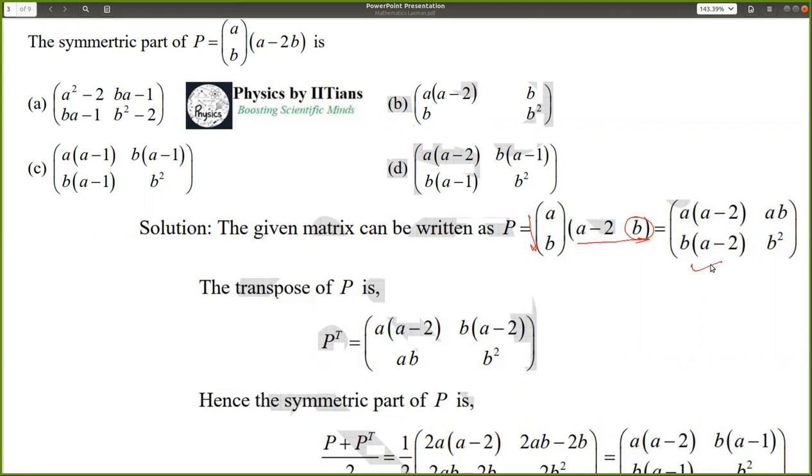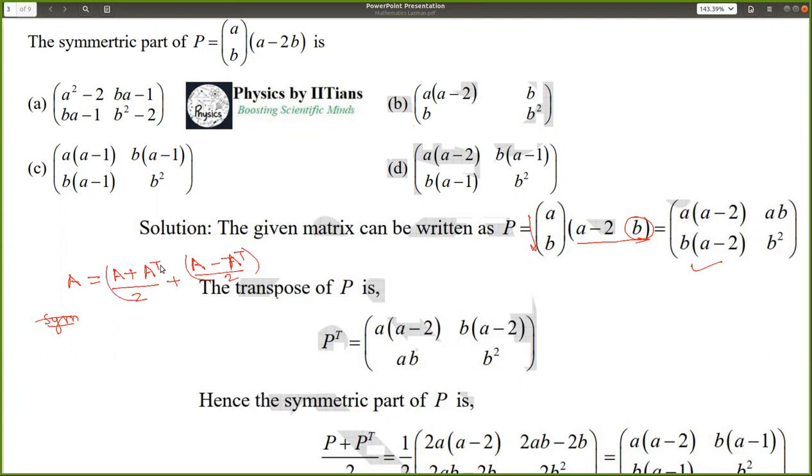But you have been asked to find the symmetric part of the matrix. So let's see what is the meaning of a symmetric part. Suppose you have been given a matrix A. This A matrix can be written as A plus its transpose divided by 2, plus A minus its transpose divided by 2.